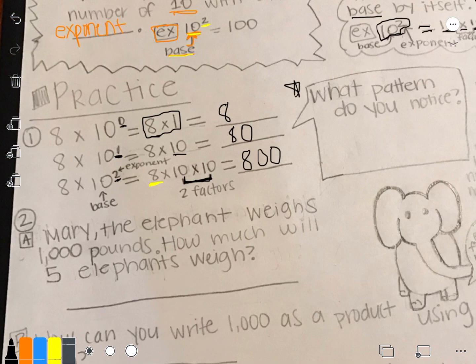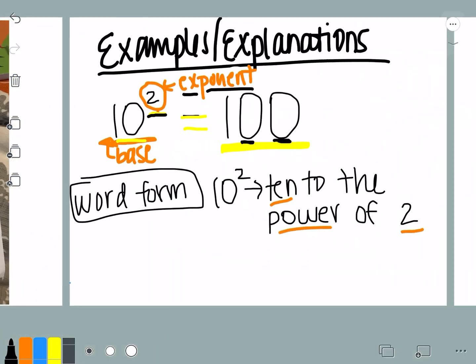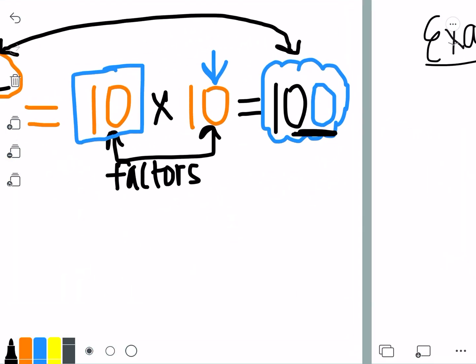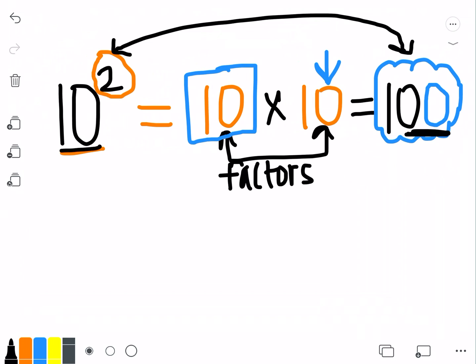So if your exponent is 4, guess what? You're going to have 4 zeros. If your exponent is 3, your final answer should have 3 zeros. Another pattern you should have noticed too is that your exponent tells you how many 10s to multiply by. So if your exponent is 2, like in our problem here, then you should have 2 10s. So I'm going to scroll over very quickly to another example here.